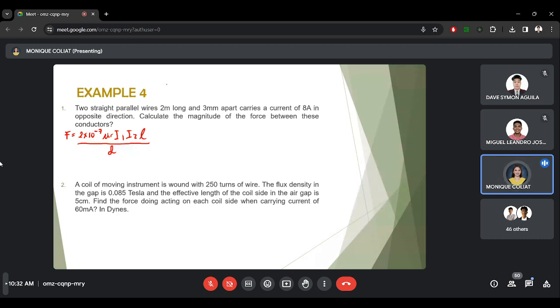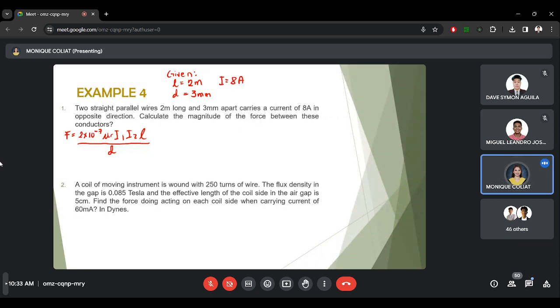Then let's say the given: length 2 meters, distance 3 millimeters, and current 8 amperes.